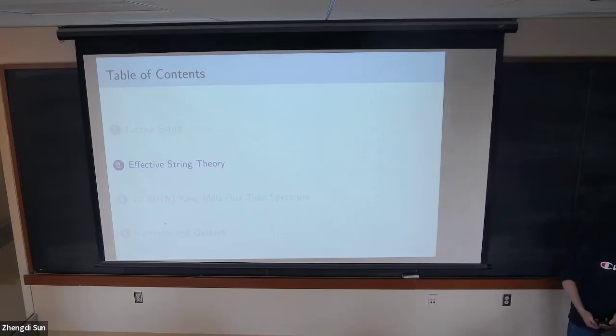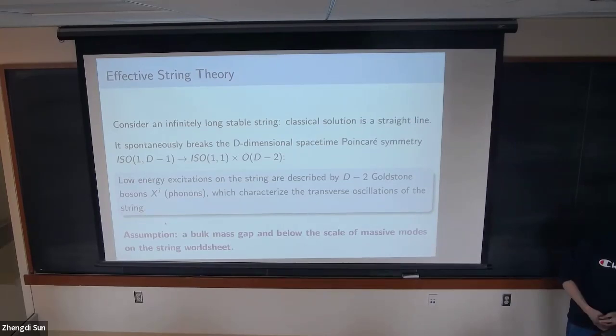So okay, let's review effective string theory. In the effective string theory setup, we consider an infinitely long stable string, and the classical solution is just a straight line, and this classical solution spontaneously breaks the d-dimensional space-time Poincare symmetry into a rotation group transverse to the string motion.